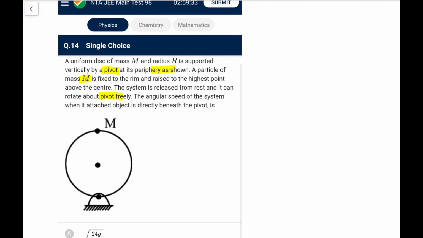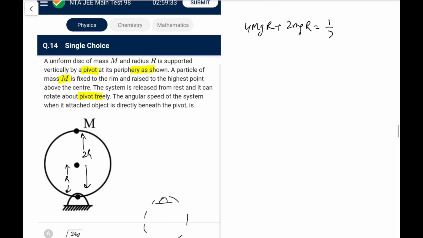So when it reaches beneath the pivot, the situation would be something like this. So what is the loss in the potential energy? This was 2r up, now it is 2r down. So it is 4Mgr loss, and for the CM of the disk, it is r and r, 2r. So it is 2mgr, that is the loss, and that should be equal to half I of system into omega square.